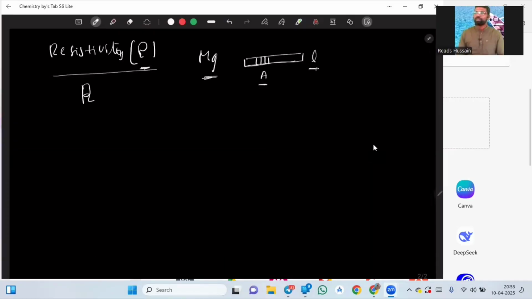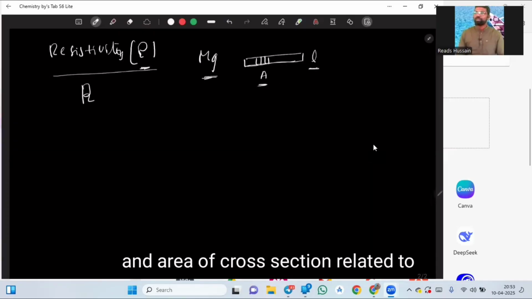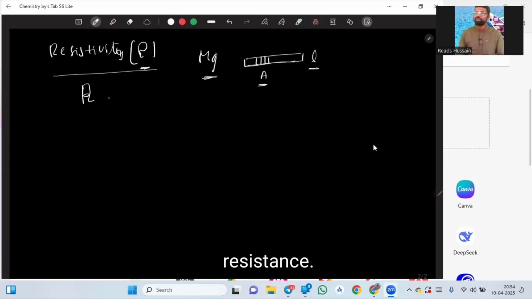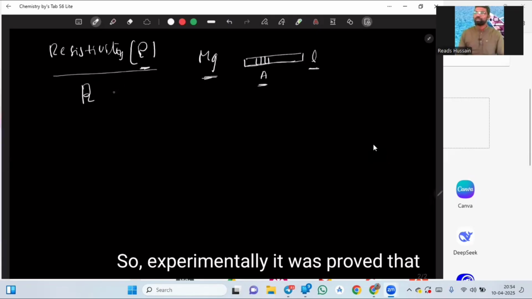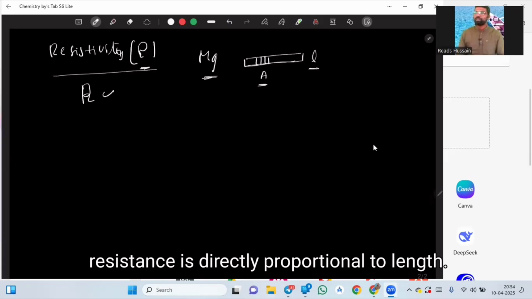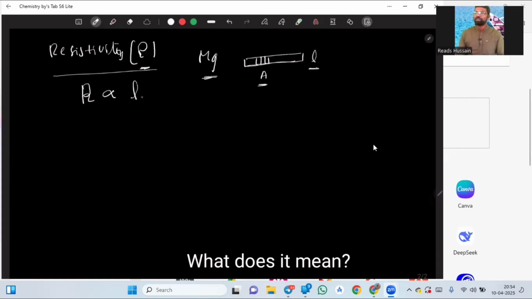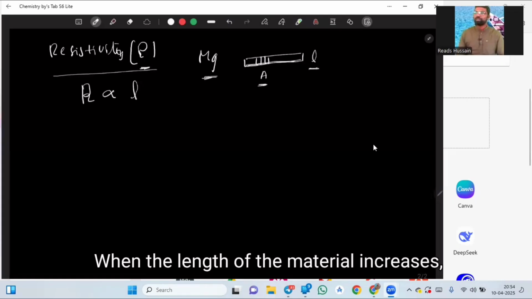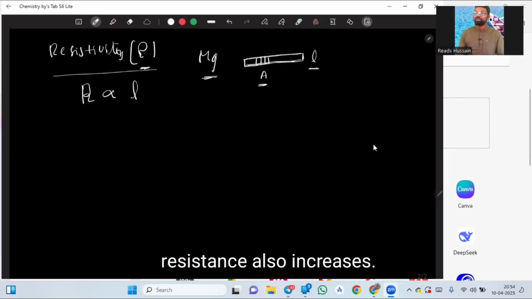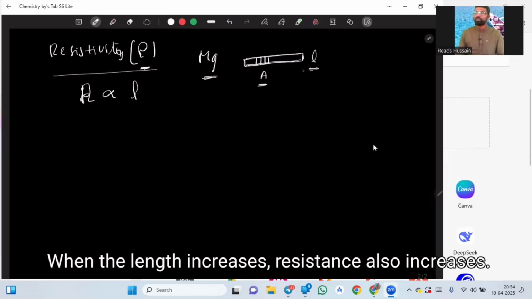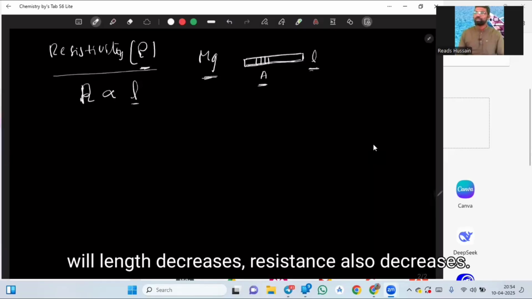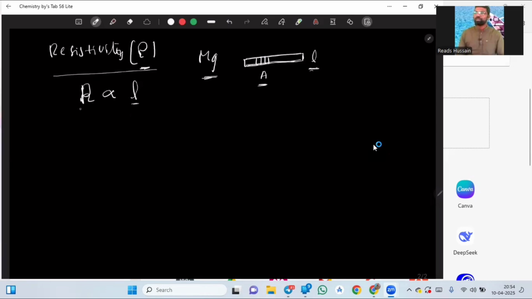Now, how are this length and the area of cross section related to resistance? Experimentally it was proved that resistance is directly proportional to length. What does it mean? When the length of the material increases, resistance also increases. When length decreases, resistance also decreases.